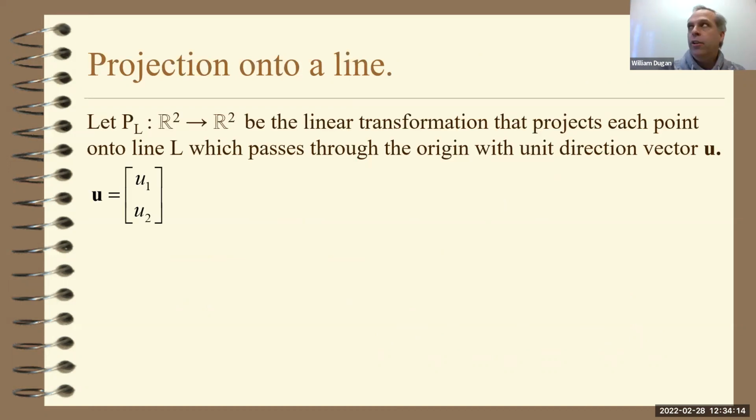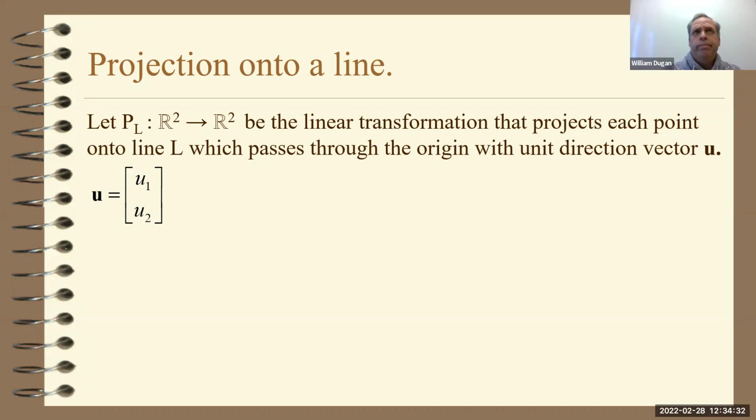So I did projection upon the x-axis, but what if we want to do projections just upon a general line? Let's insist also that the line goes through the origin. If it doesn't go through the origin, this doesn't quite work out. There's more to do, but not much more actually.